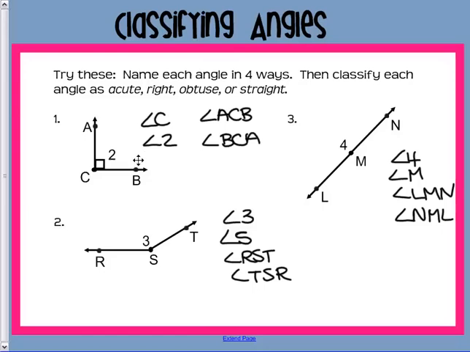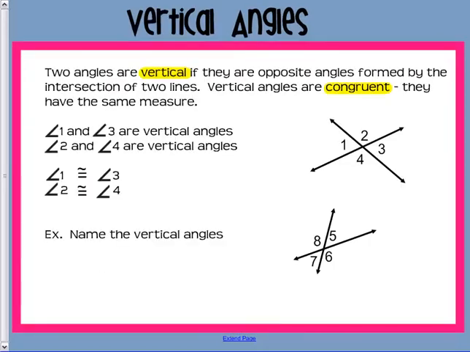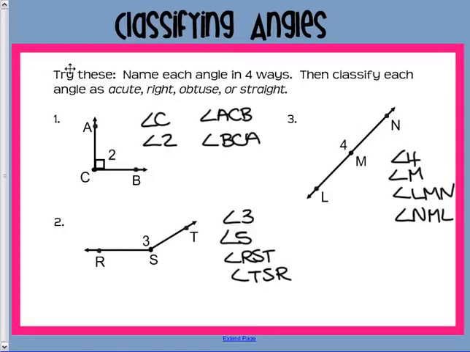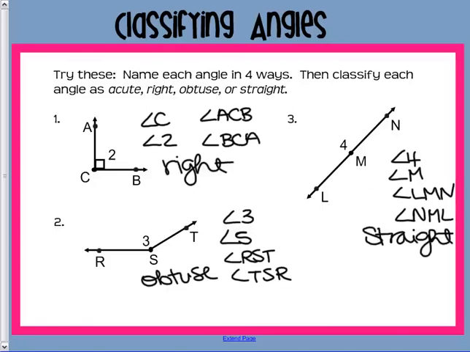We've got number 1 as being a right angle, number 2 as being an obtuse angle, and number 3 as being a straight line. Okay, so there it is: right, obtuse, and straight.